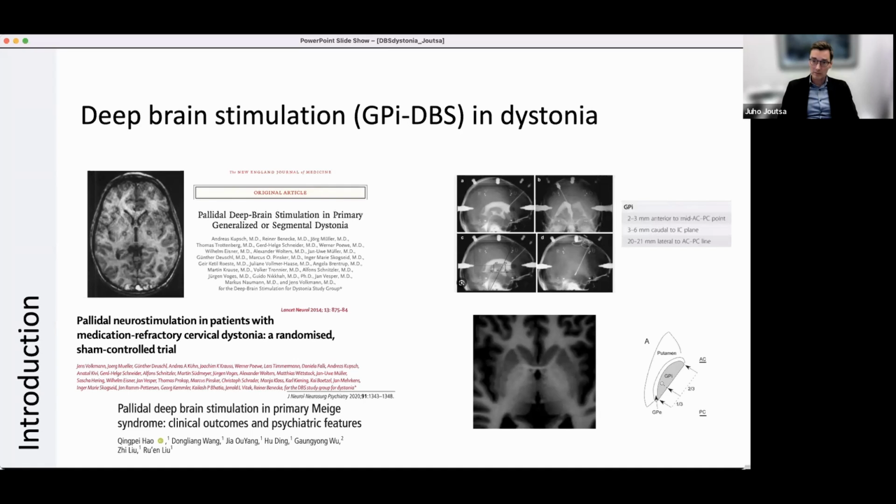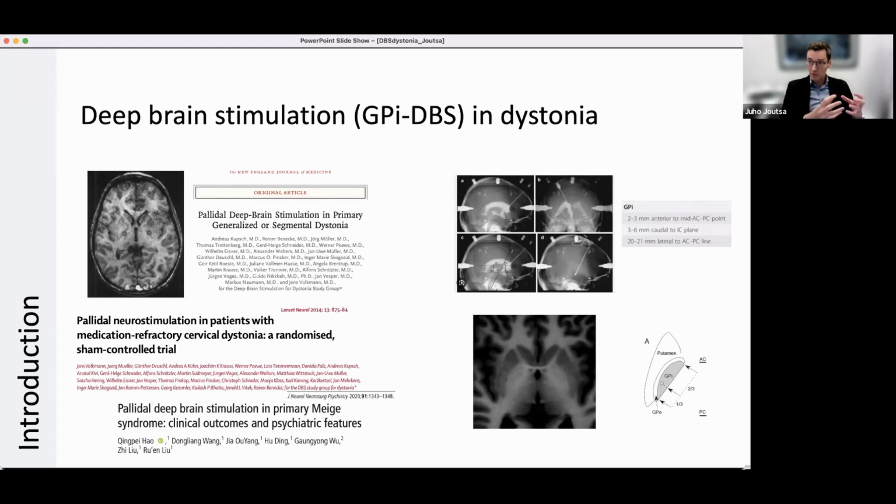individual patients. The problems we currently face are that not all patients with similar dystonia respond to GPI-DBS, and ultimately the mechanism of action for GPI-DBS is not fully established.